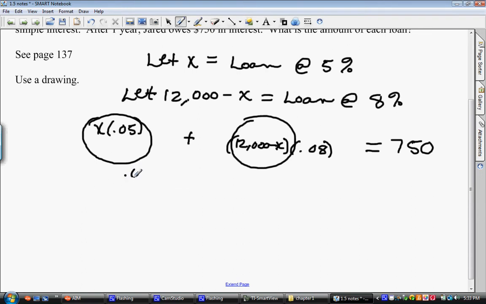That's a little hard to take in, so what we would probably want to do is do 0.08 times 12,000 minus X. And remember, we can multiply in any order we want to. So I'm going to distribute like this and write it down that way. So I'm going to have 0.08 times 12,000, and we would probably pull up our calculator and multiply that out. So here we would have 960.